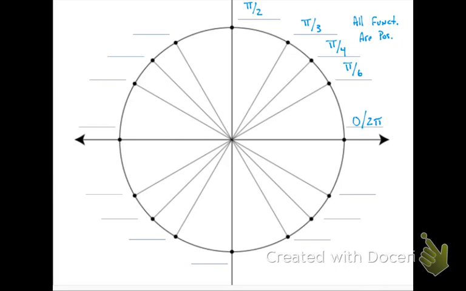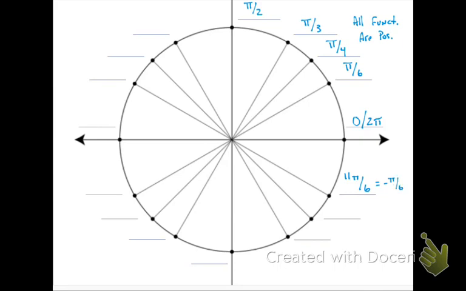Now, I'm going to look to the bottom right side, where normally it would be 11 pi over 6. If we peel back, though, so that's if we go in a positive direction. If we peel back, where is it actually? Negative pi over 6.